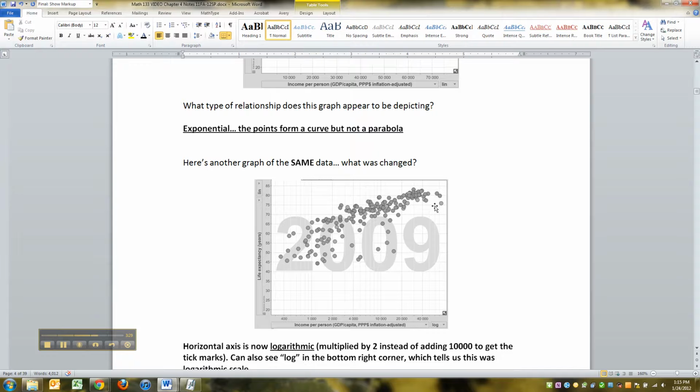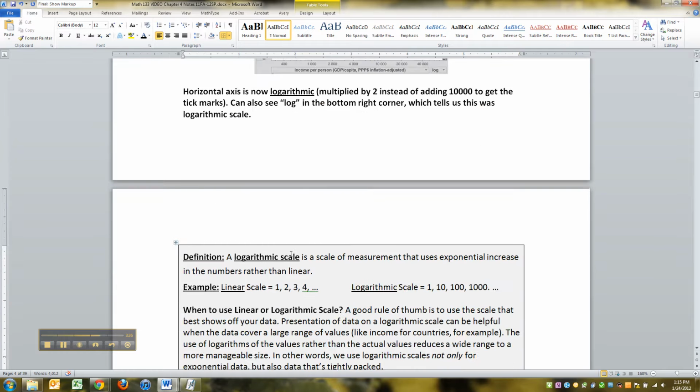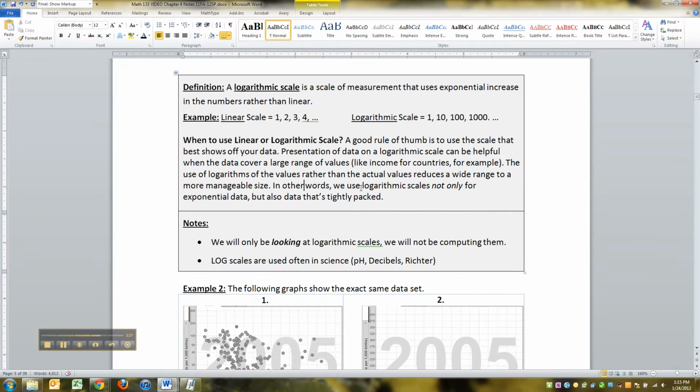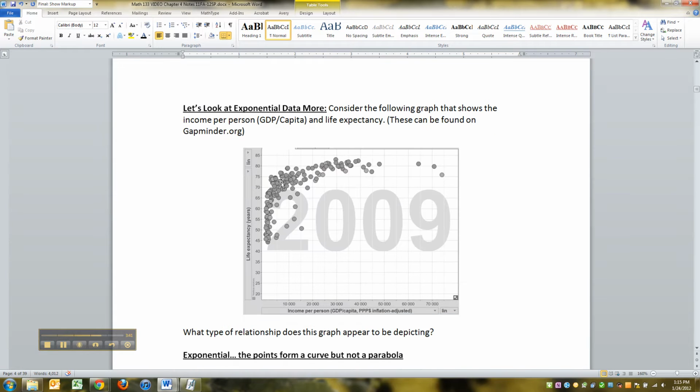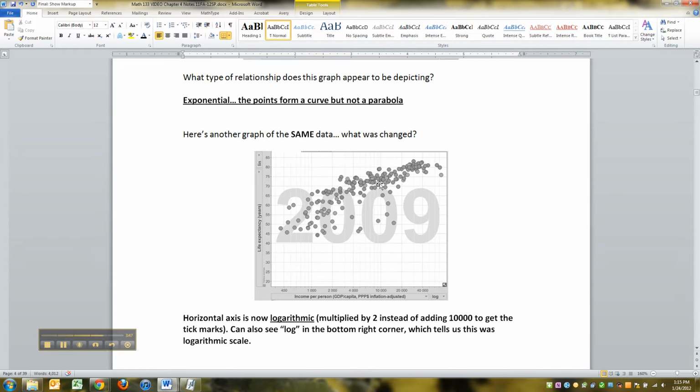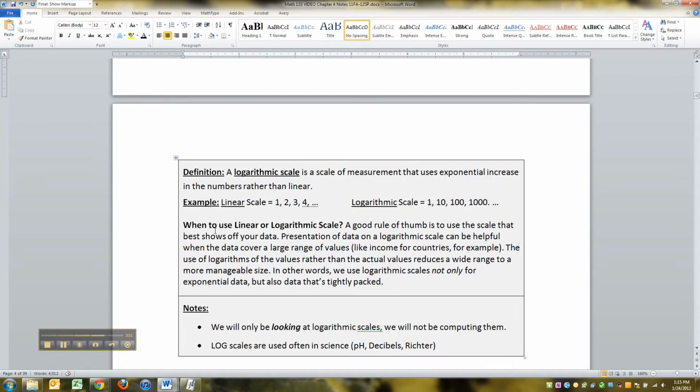And then you have countries that are in the 50,000, 60,000, 70,000, and so on. Okay? If you're trying to cover that much distance, it's better to use logarithmic because otherwise, look at all the countries. If you look linear, everything gets crammed in over there. Whereas logarithmic spreads it all out. And that's more fair, actually, in this case because income has such a wide disparity, right? Wide range, if you will.